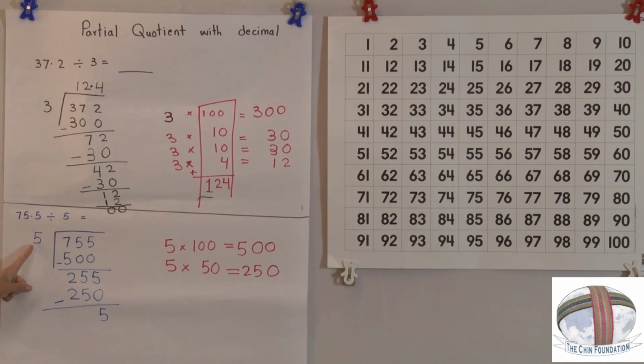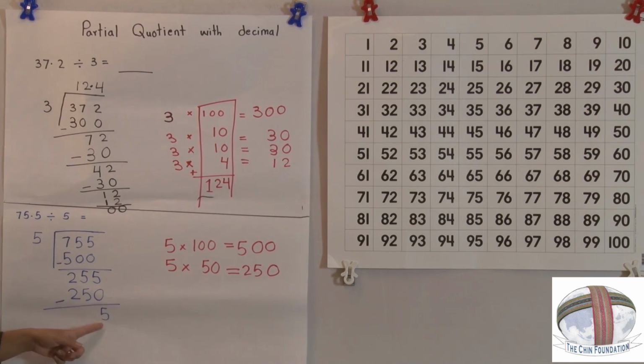Let's check. Let's check with the boss, okay? The boss is 5. The remainder is 5. The boss can't be the same as the staff or smaller than the staff. So that is a problem. So we need to fix this. The boss and you cannot be the same. The boss always has to be bigger, okay? So we can't leave it like this.